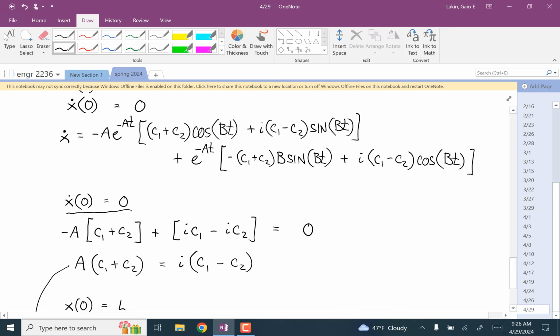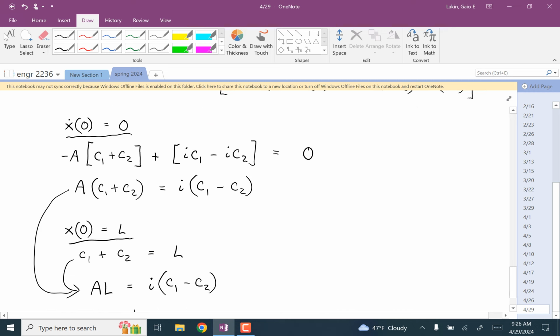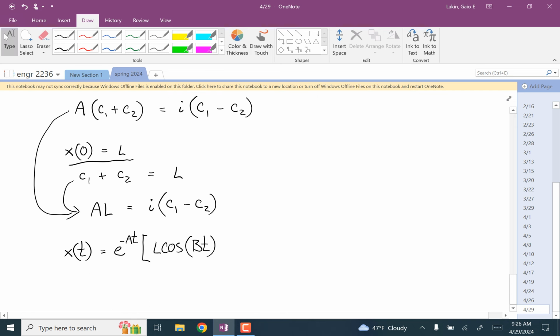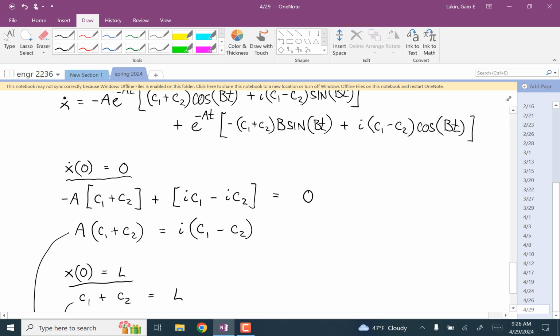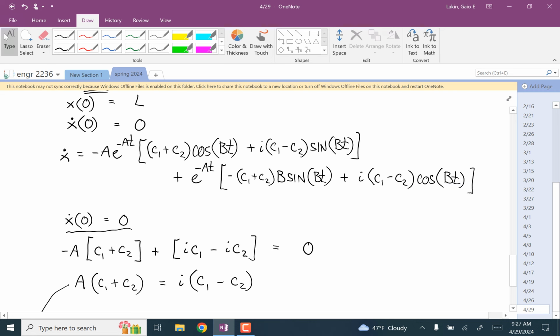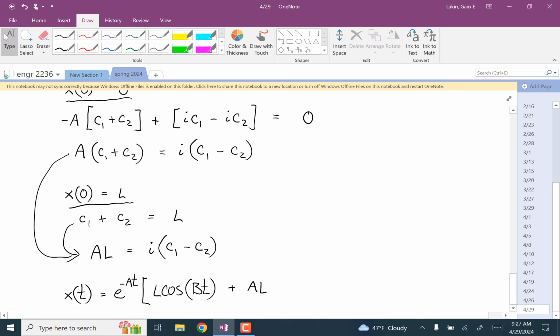Then the second term is i times c1 minus c2. That's equal to aL. So we have plus aL times the sine of bt.